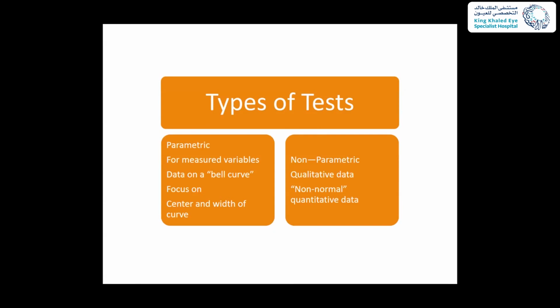Normally distributed means once you plot your data, they have a bell shape, a bell curve, and 95% of the data falls between -2 standard deviations and +2 standard deviations, mean plus or minus 2 standard deviations. If the data is not normally distributed, and we can't assume that it is, we call these variables non-parametric data, and we have to apply different statistical tests.